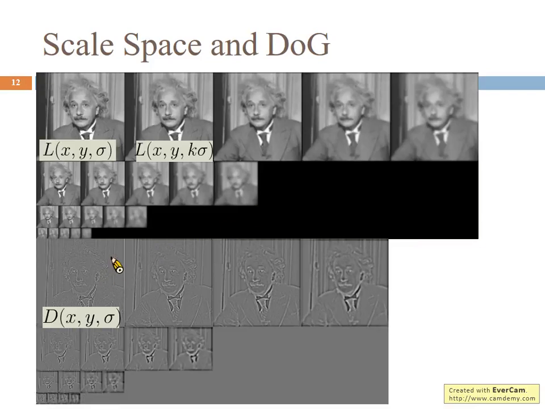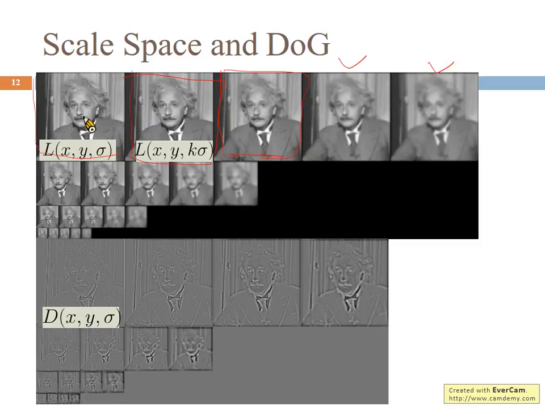And this is a real example showing what the scale space is. You can see that this is the original image. And then this one is the image after some degree of blur, and then this is a higher degree of blur, and more blur, and more blur.